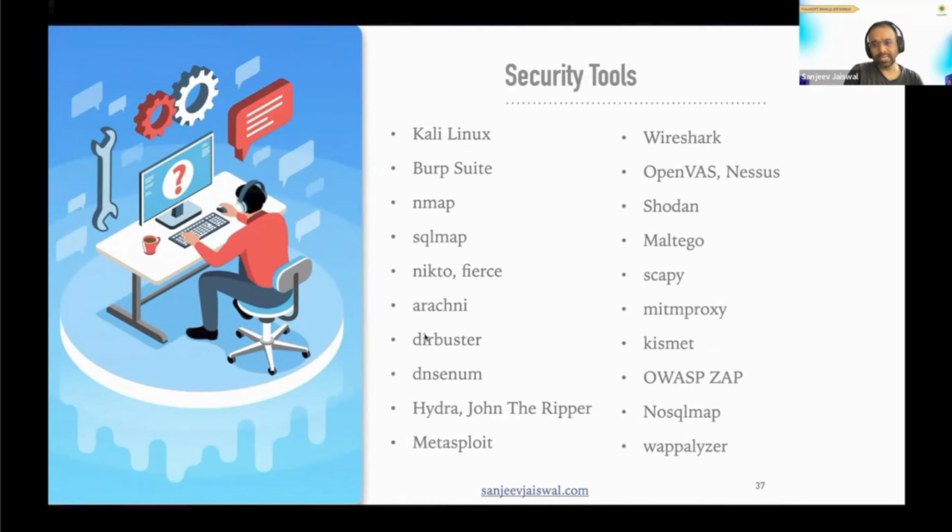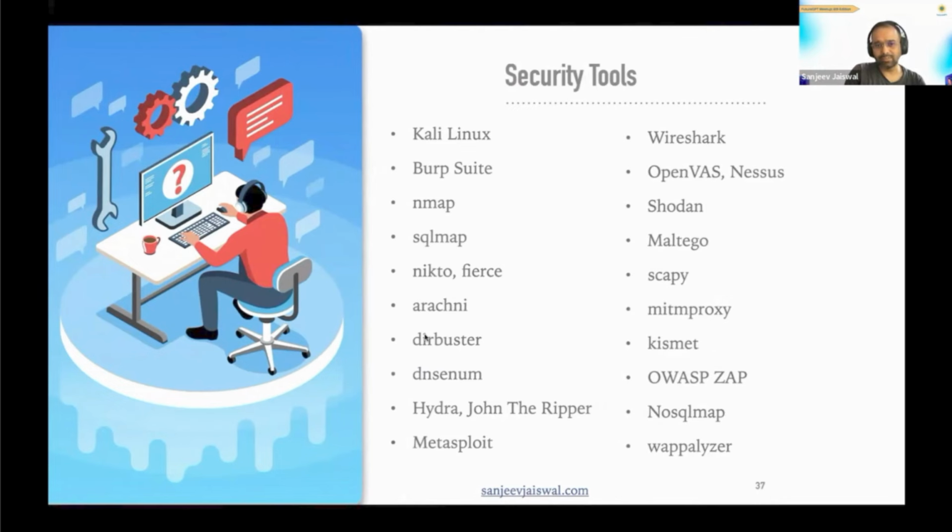And the tools that I'm listing here might look like they're more from the pen testing or bug bounty side, but it just gives you the idea that there are lots of tools, even for GRC, even for us in DevSecOps. There are so many tools, but you should be aware of them, see which of these tools are required for your job, and try to learn those.